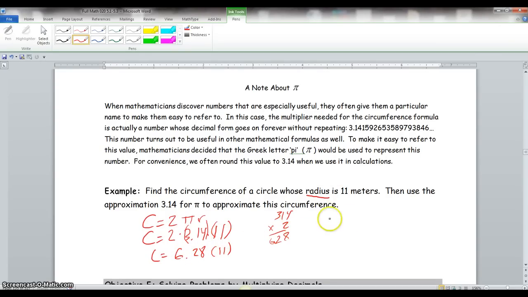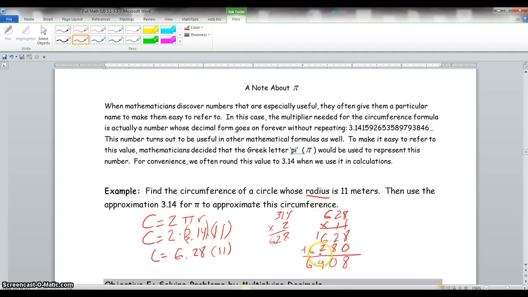Now we could go ahead and drop the decimal again. 628 times 11. 1 times 8 is 8, 1 times 2 is 2, and 1 times 6 is 6. We add our 0 here. 1 times 8 is 8, 1 times 2 is 2, and 1 times 6 is 6. So we add this up. We will have 8, this is 10, carry a 1. 1 plus 6 is 7, plus 2 is 9.